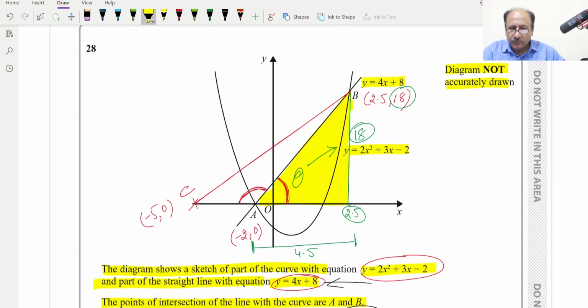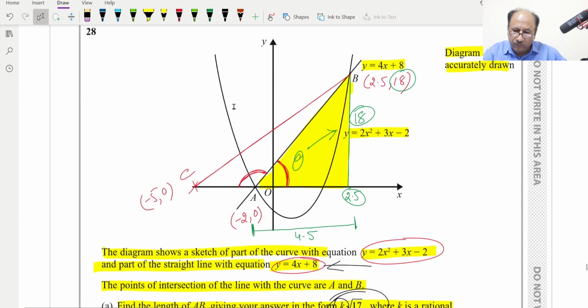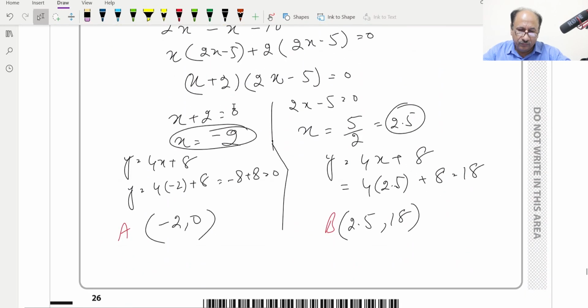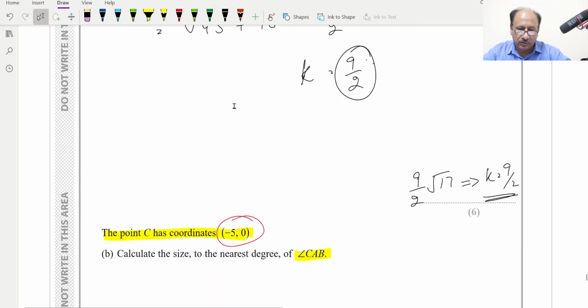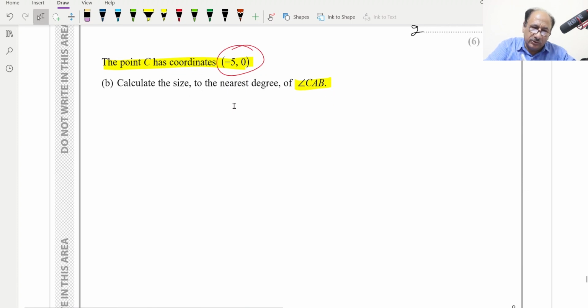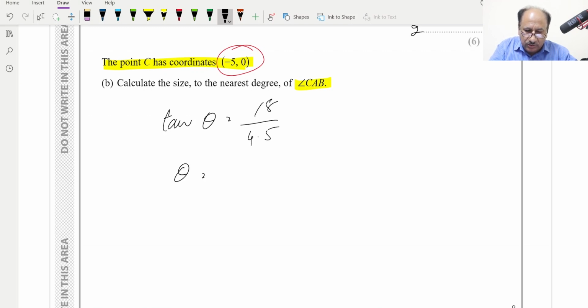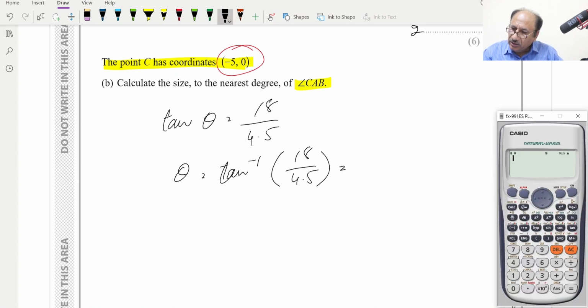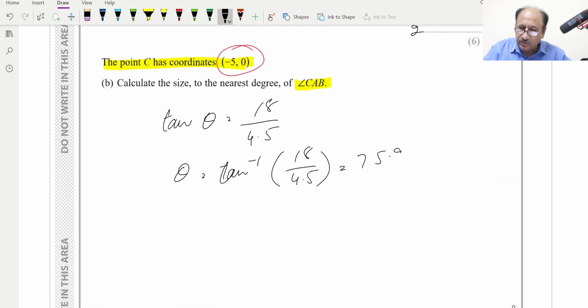So this is done. Now 18 over 4.5 will be tan theta, so tan theta is equal to 18 over 4.5, so theta is equal to tan inverse of 18 over 4.5, which is equal to shift tan of 18 over 4.5, bracket close, and this is equal to 75.96.